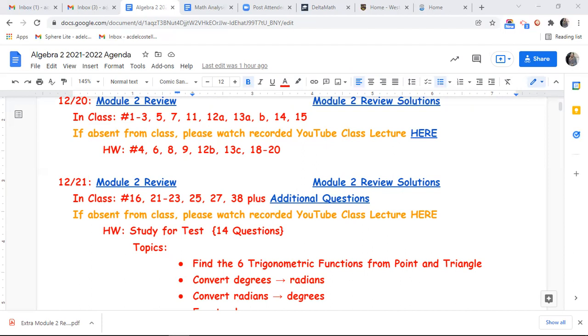And you're going to do a quick change flip and then cancel. So I get 7 over 25 multiplied by 25 over -24. And then you're going to notice that those cancel. Right? So the answer is -7 over 24.